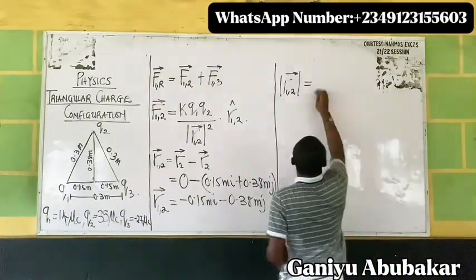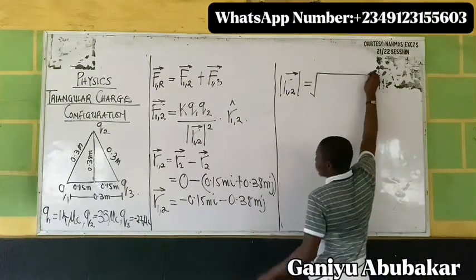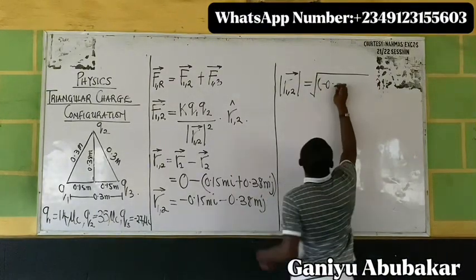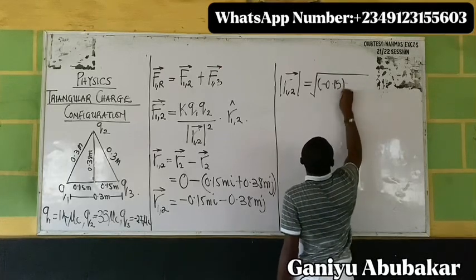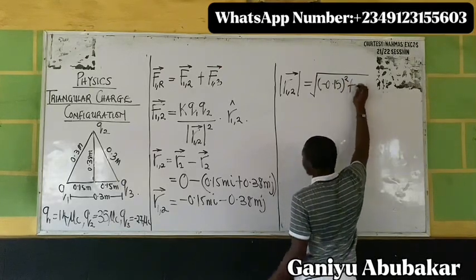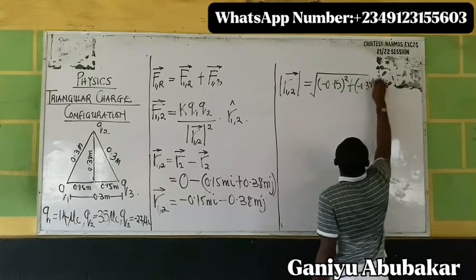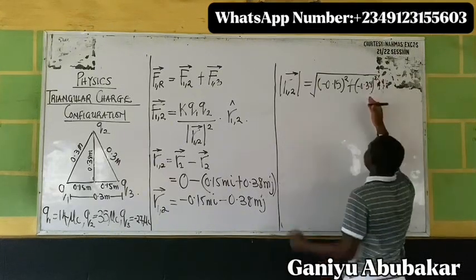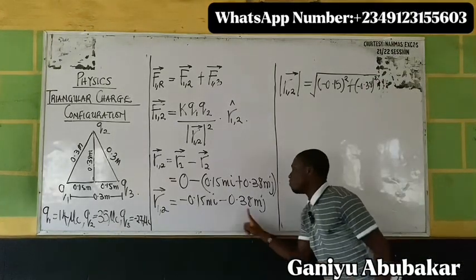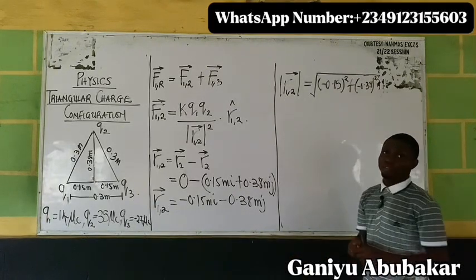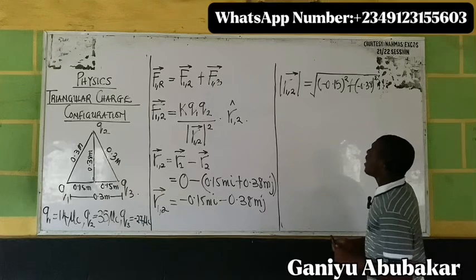In this case, that becomes the square root of the first term, negative 0.15, all squared, plus the second term, minus 0.38, all squared. It's easy as this, please. Pick each term this way, square it, and take the square root of all of them. That's all. Get a value here, please.